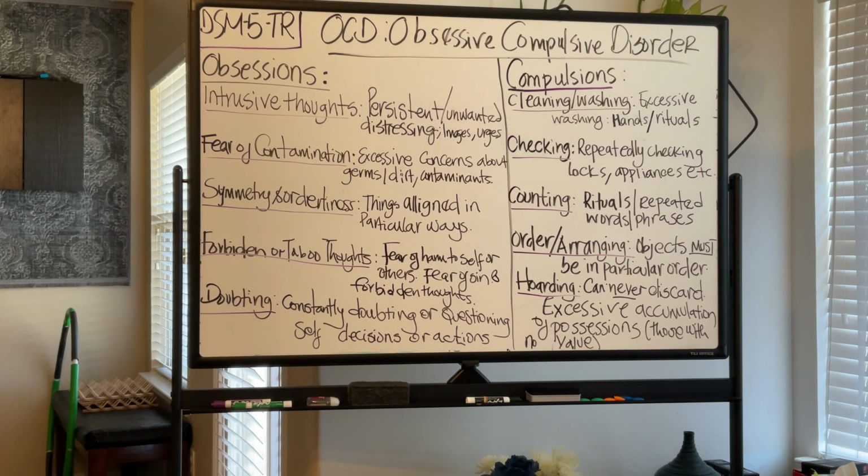And the other compulsion is checking. Individuals who have OCD will repeatedly check their locks, their appliances in the kitchen, or their car, and other items, to ensure safety or prevent harm.